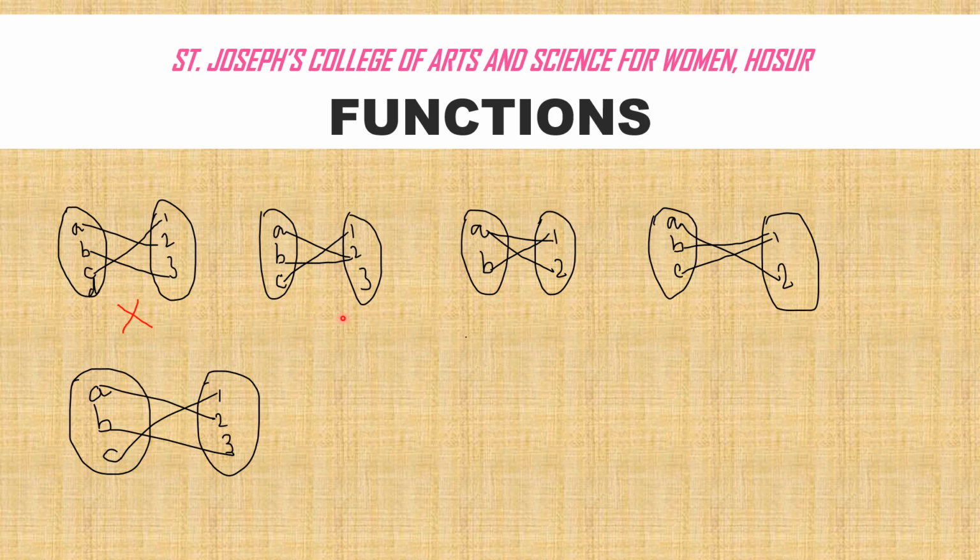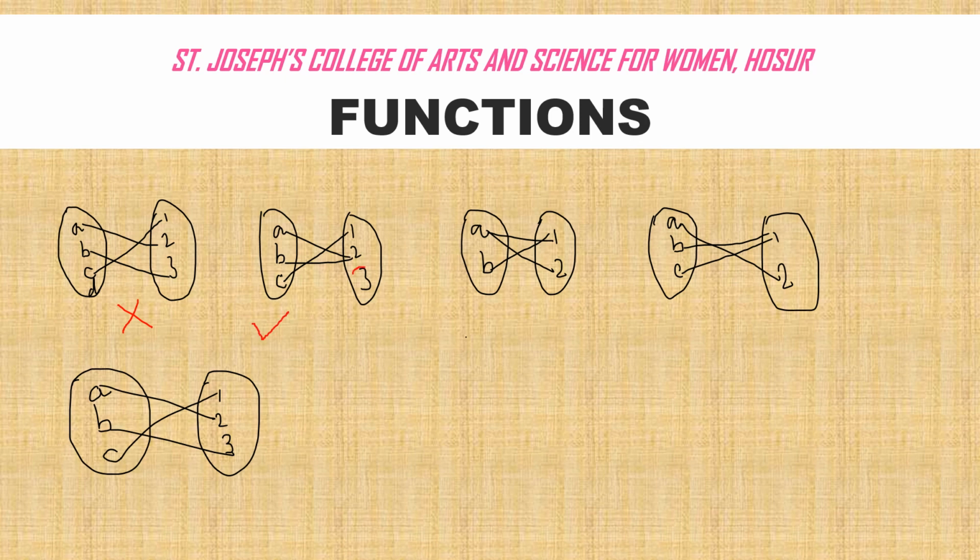Now coming to the second one. A is mapped to 2, C is mapped to 1 and B is mapped to 2. So all the elements in the domain set are mapped to one element in the codomain. So can we say this is a function? Yes, this is a function.